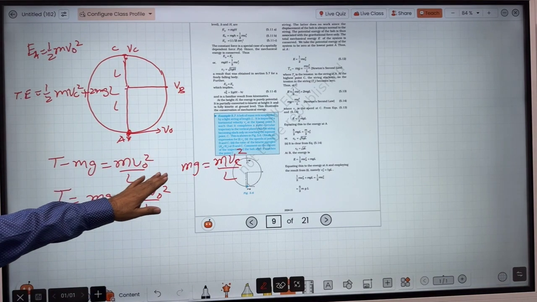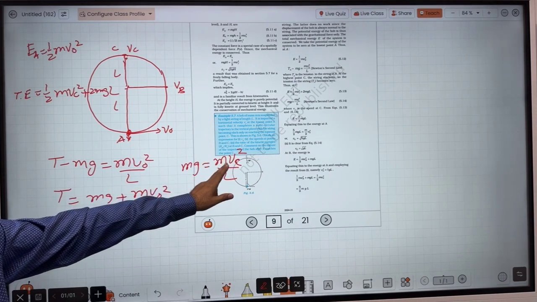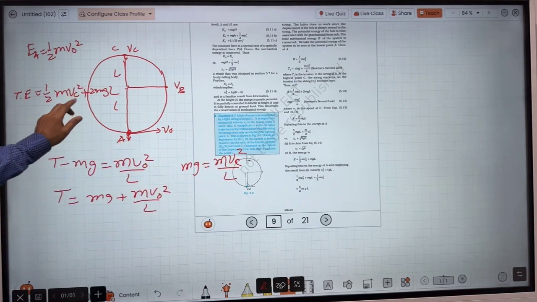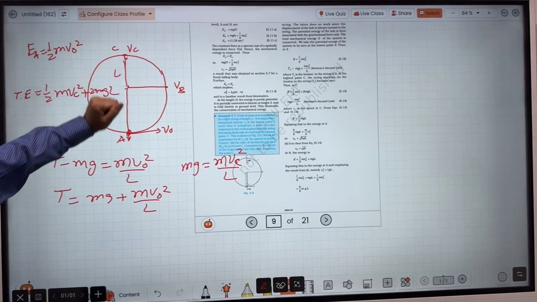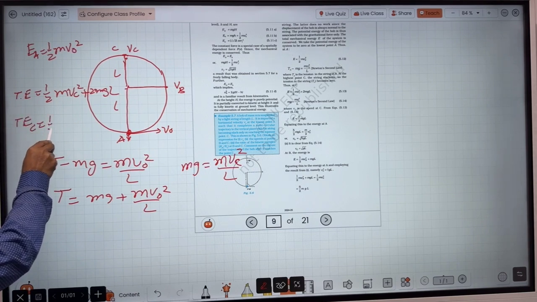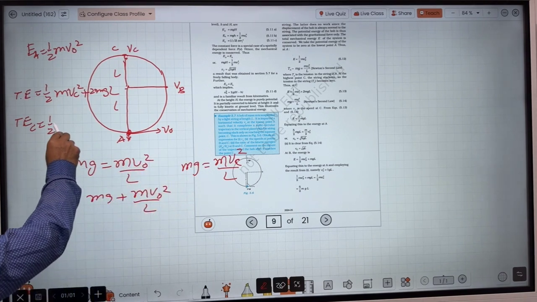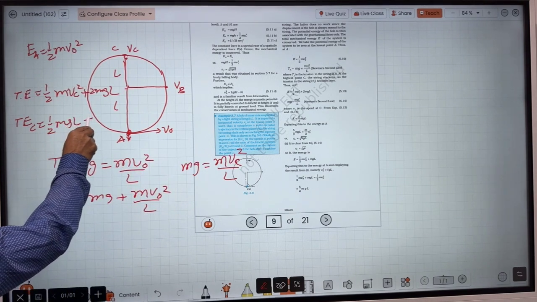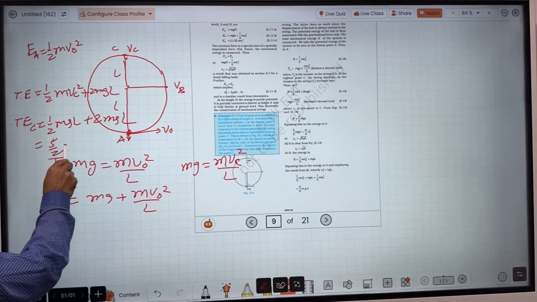So just take this value, m vc square equal to mgL, and write it here so that you can get total energy at this point. Total energy at C will be equal to 1 by 2 m vc square, which becomes mgL by 2, plus 2mgL. So total 5 by 2 mgL.